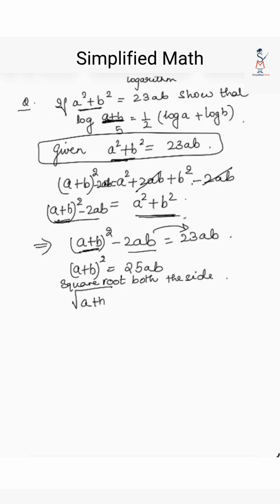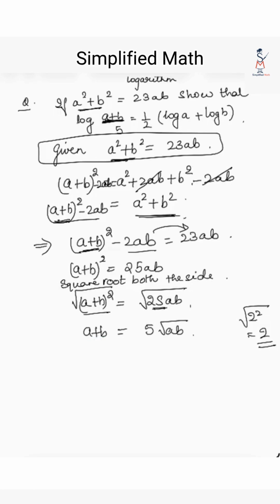So the square root of a plus b whole square, and here the square root of 25ab. What will I be left with here? a plus b, because the square root of anything squared is that number, like the square root of 2 square is 2. So this will be a plus b. The square root of 25 is 5 into root ab, right?